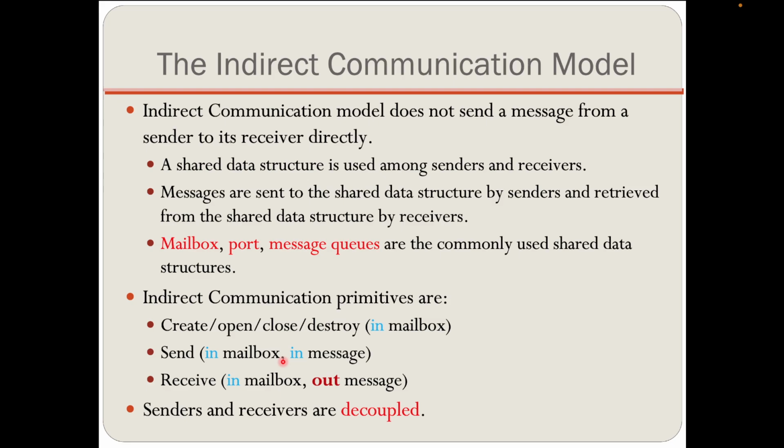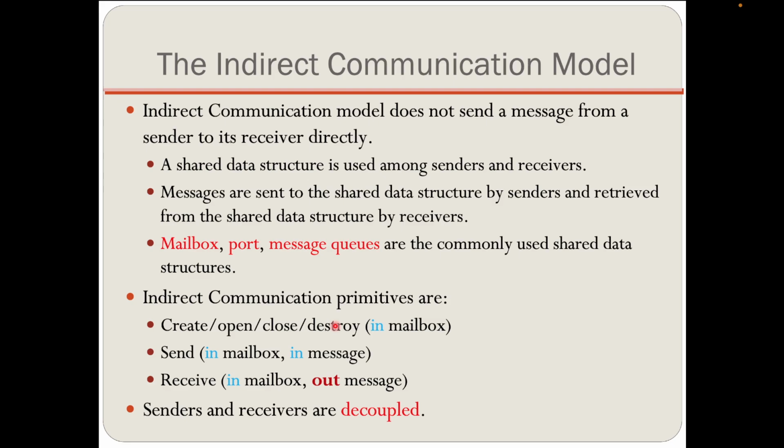Some systems may maintain this mailbox as a persistent data structure. Persistent means there's no time limit. Once it is created, it always exists until it is destroyed explicitly. Otherwise, it's always there.